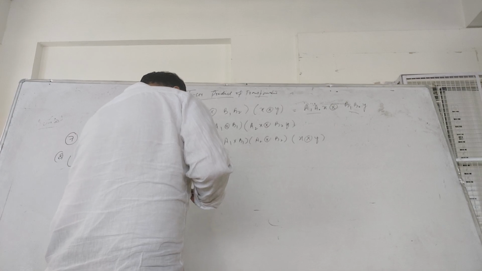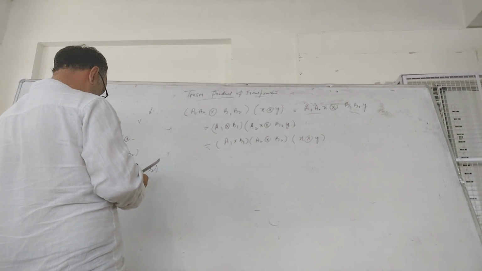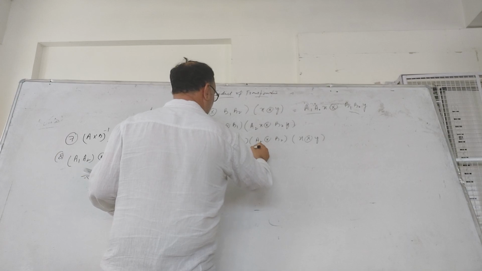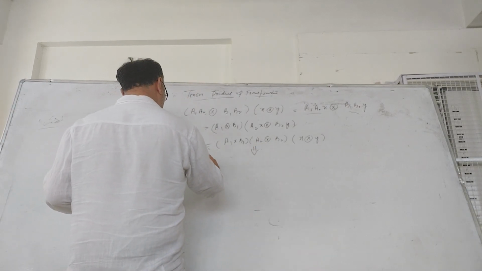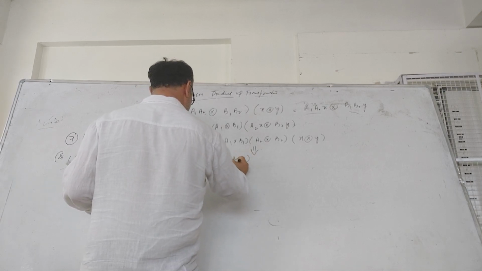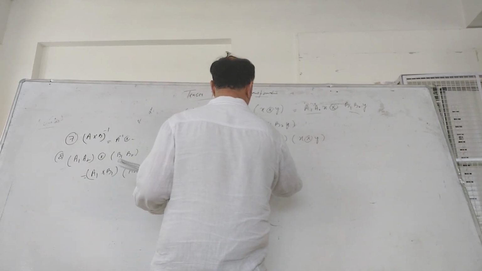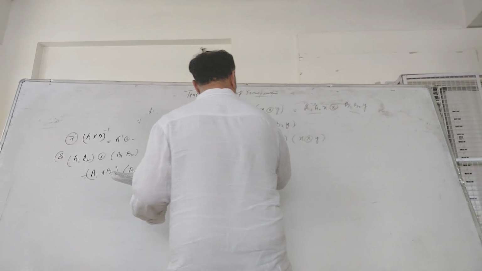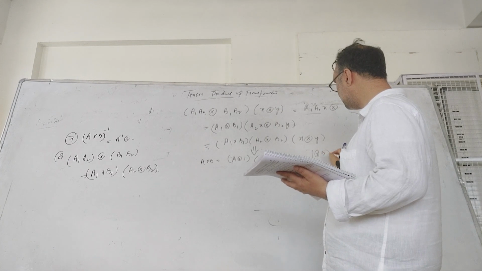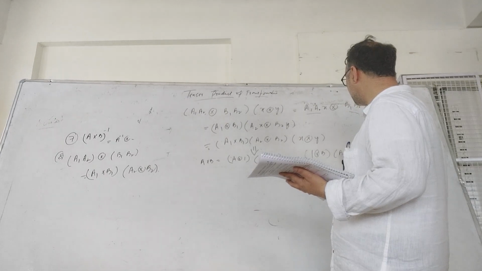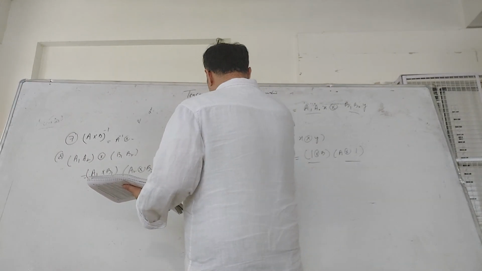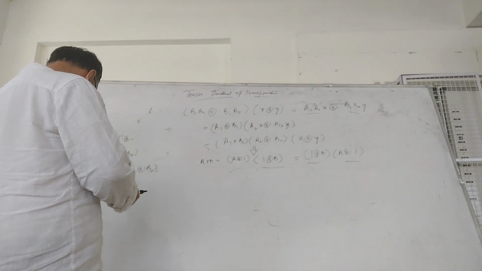So as an immediate consequence of 9, from this we can follow that A cross B is equal to A cross 1 times 1 cross B, or from this you can have A1 cross B. So it's sort of commutativity; the commutativity exists in the product of these tensor products.